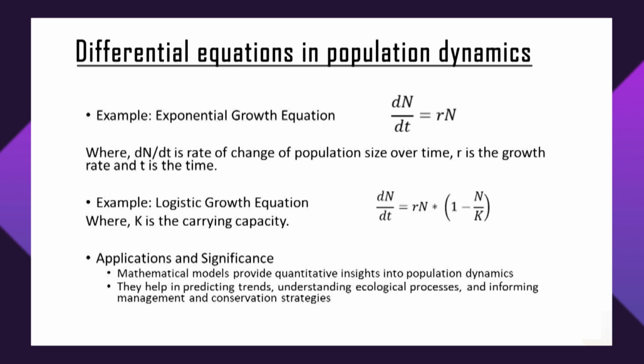These mathematical models provide quantitative insights into population growth over time, also known as population dynamics. They help in predicting trends, understanding ecological processes, and informing management and conservation strategies.